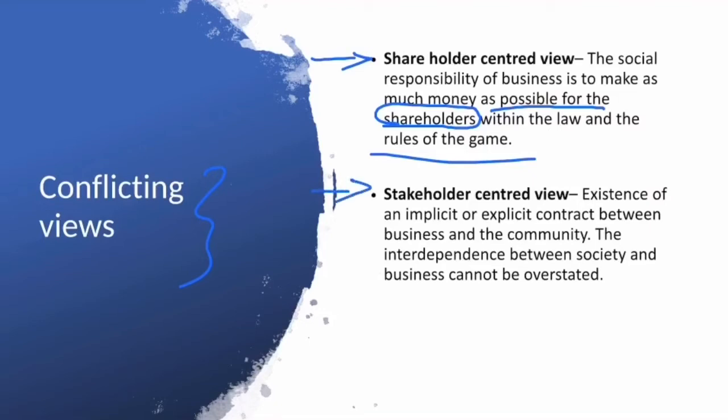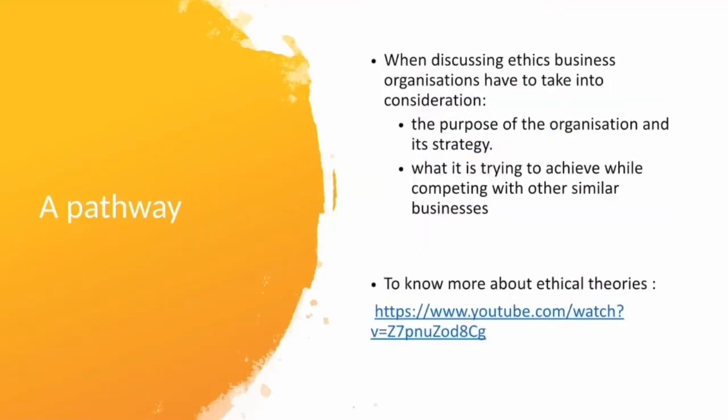Whereas the stakeholder view is a little bit wider and broader, and it discusses the existence of an implicit or explicit contract between the business and the community. So the interdependence between society and business cannot be overstated. This view focuses more on the wider community's rights over the organization.